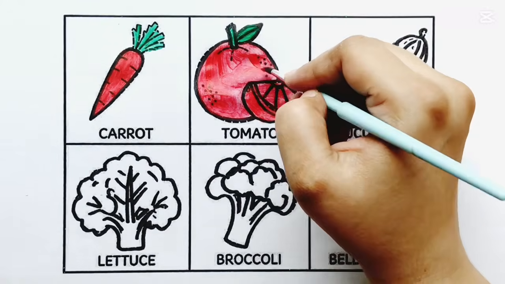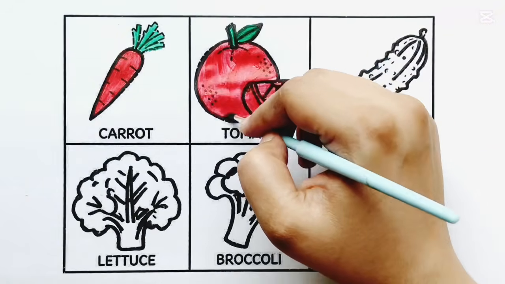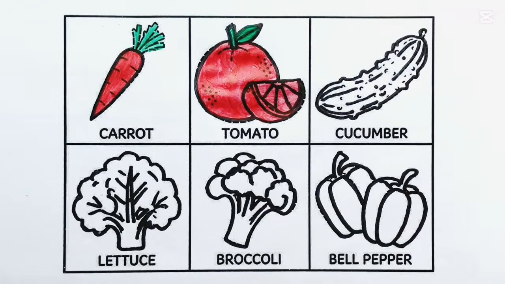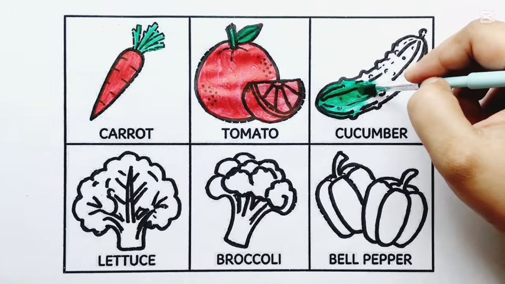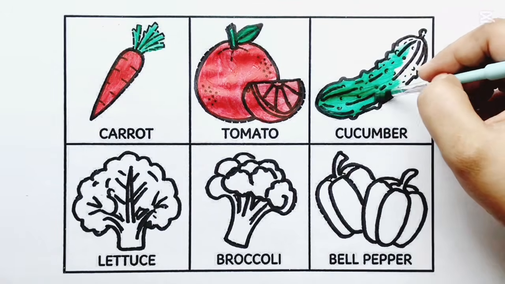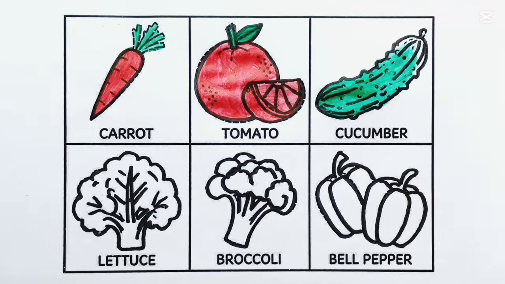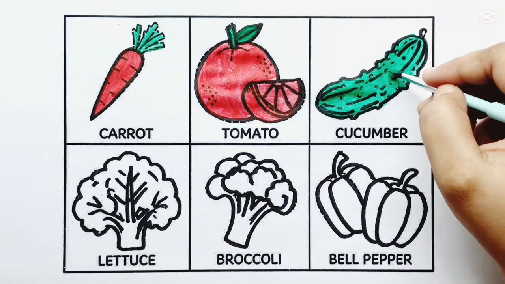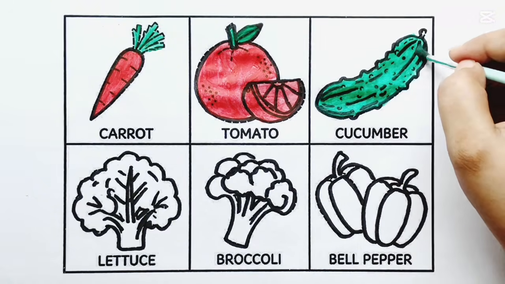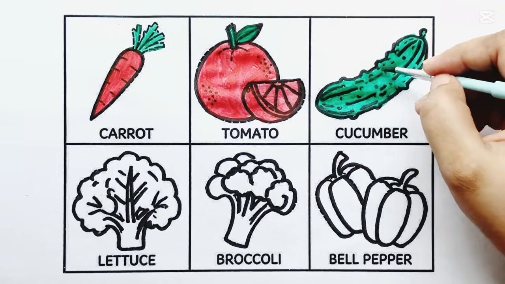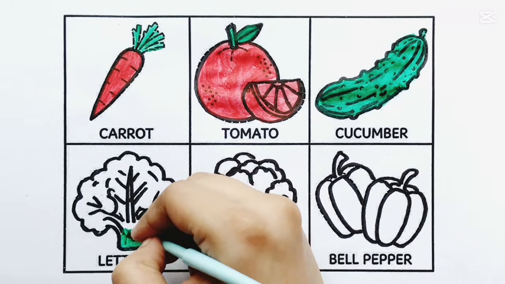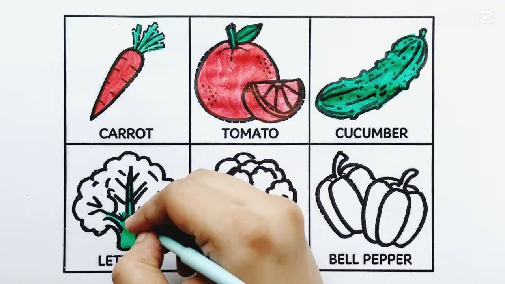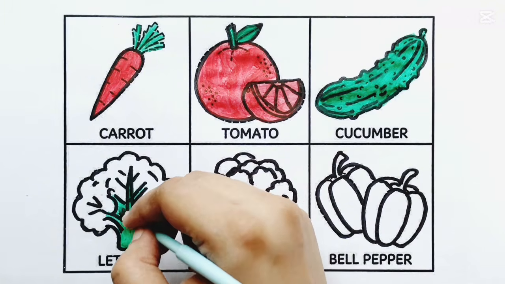Next vegetable is, you guess? Oh, cucumber. C for cucumber. Cucumber color is green. Next vegetable is lettuce.